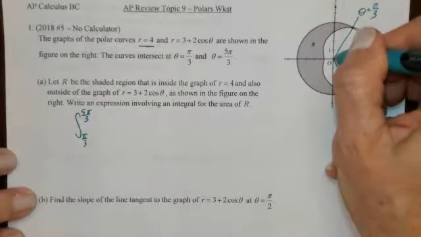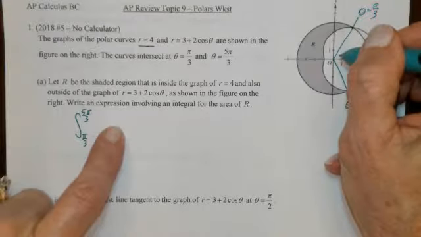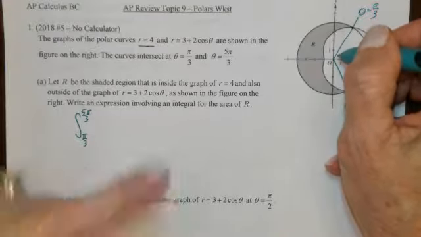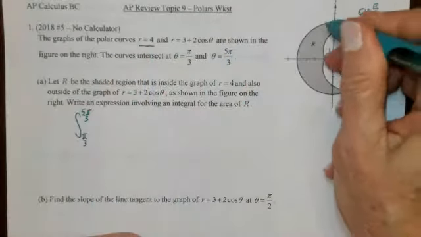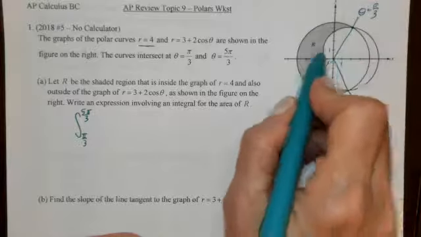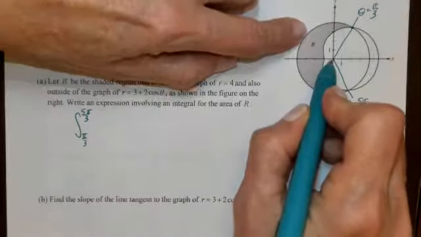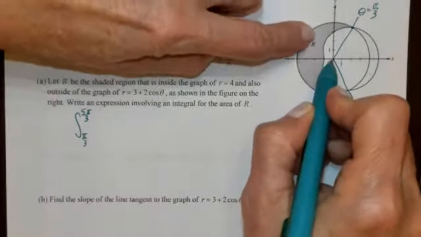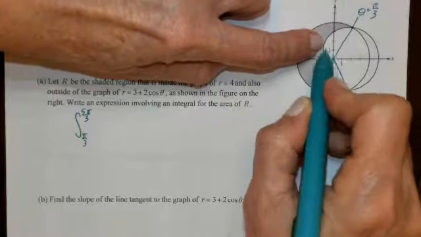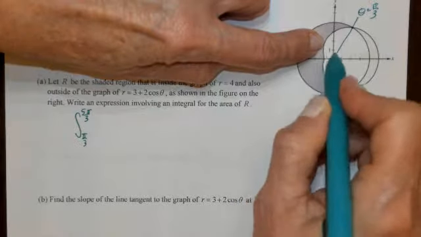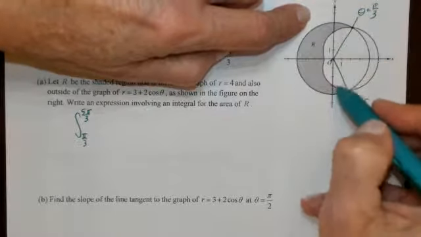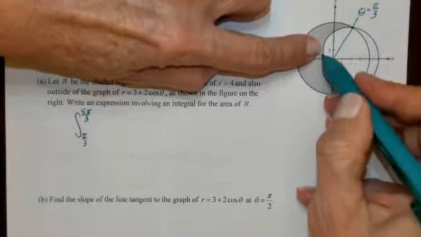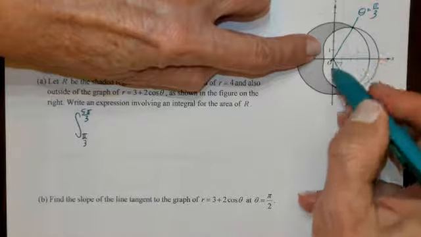Now, to focus on the integrand, I know I need 1/2 r squared. But we have two r's, so let's think about this. I need the outside r to be my outer radius, and then I need to subtract out this piece because I don't want any of that white space in there. So it'll be 1/2 of this r squared minus 1/2 of this r squared. That's the piece I don't want.